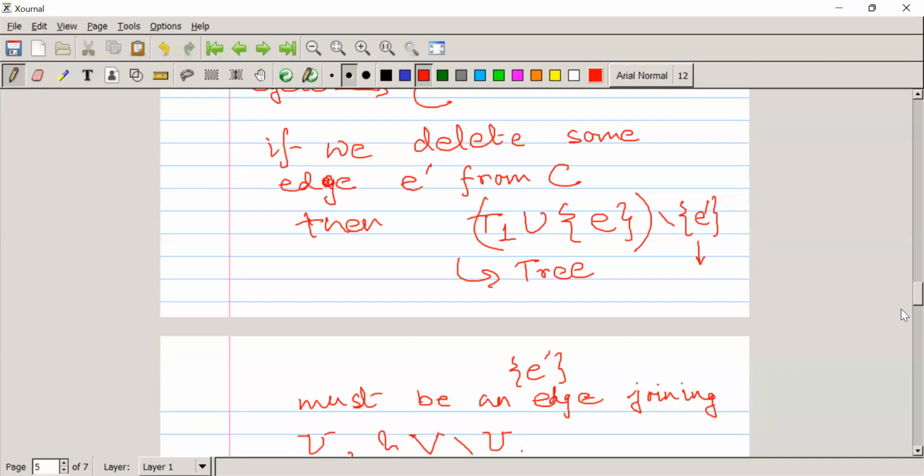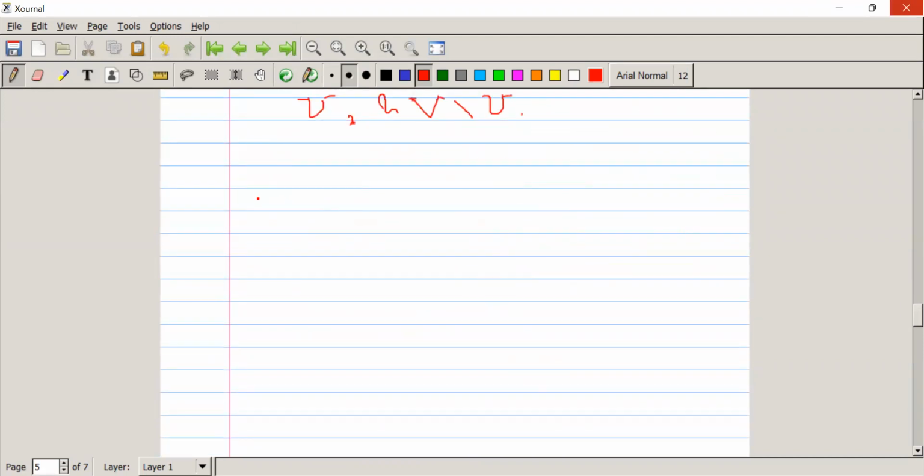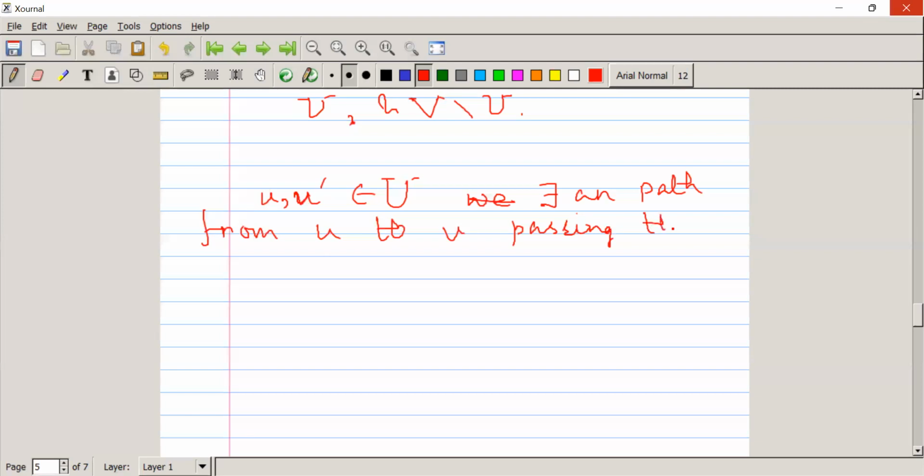Some U prime can also be in U, and there exists a path from U to V passing through U prime, which can also be possible. Is it right?